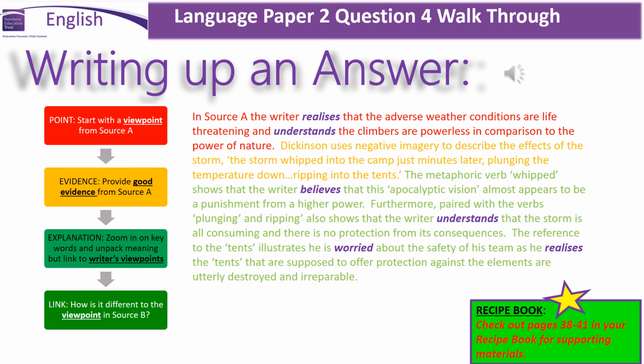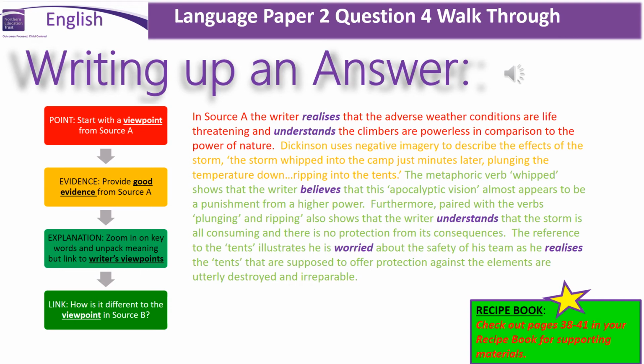So let's see how I build up an explanation. The first thing I want you to notice is that in my explanation I have used 4 more magic words again, which shows the examiner that even though I am zooming in on keywords and unpacking meaning, I am constantly linking to what the writer thinks or feels. So the first thing that I'm going to zoom in on is the metaphoric verb whipped.